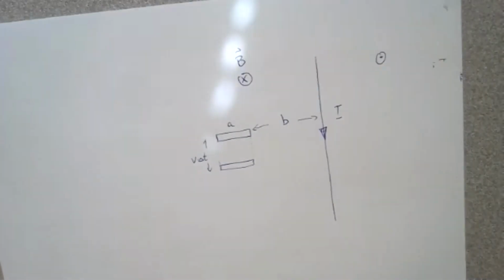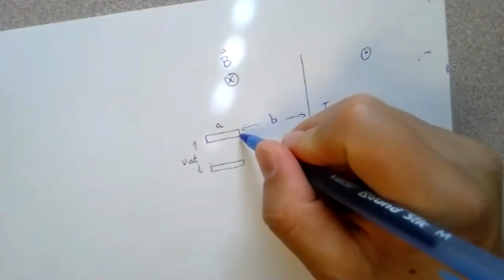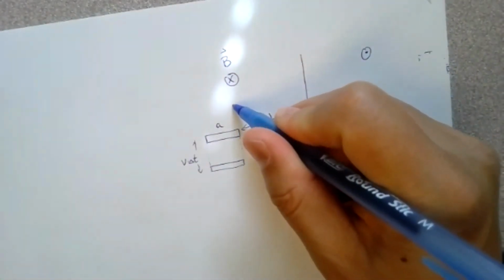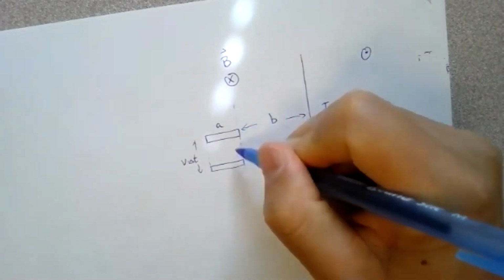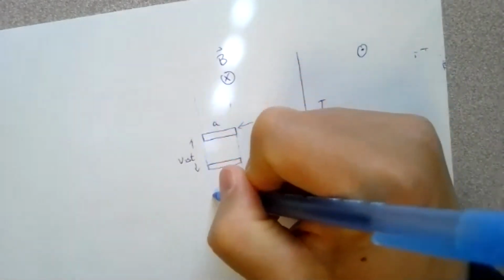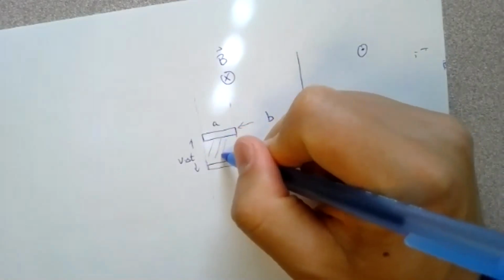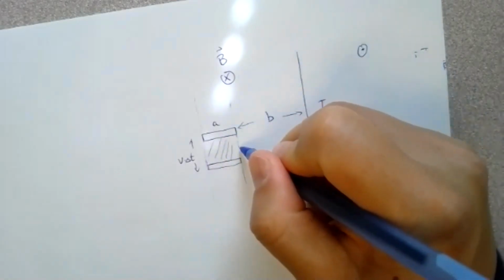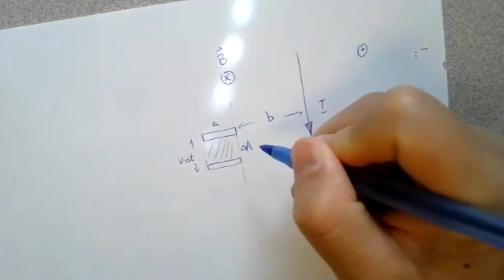Okay. So in that case, we can imagine if there were two rails like the case we saw earlier, then this would be the change in area, delta A, okay?